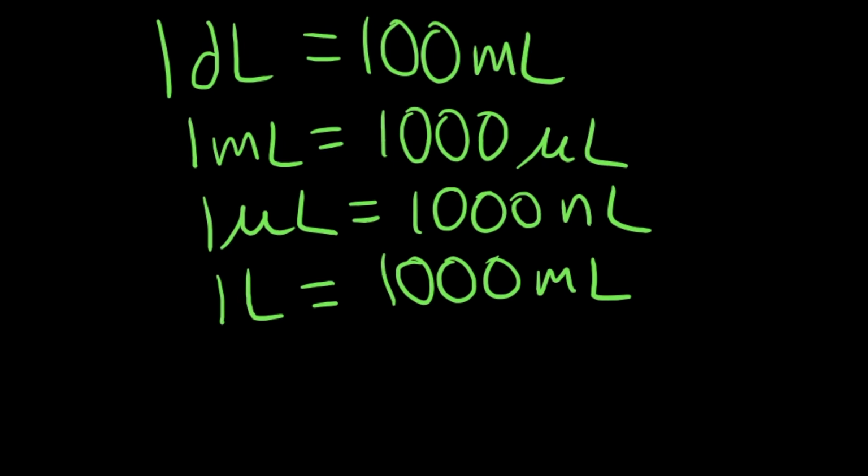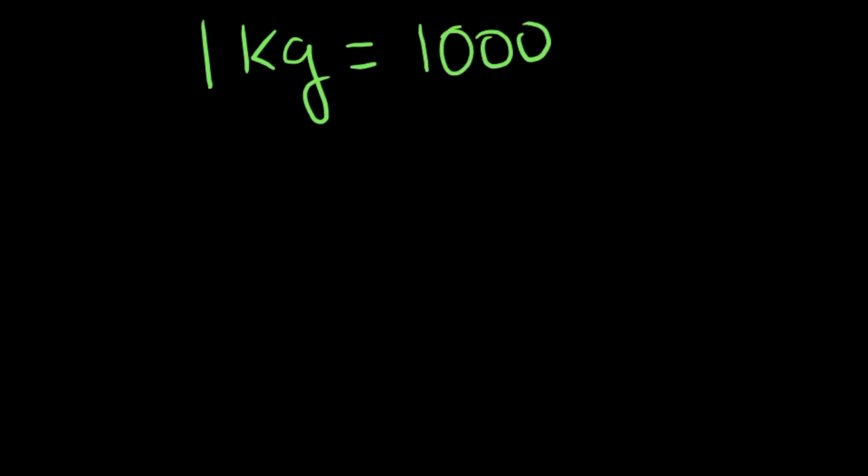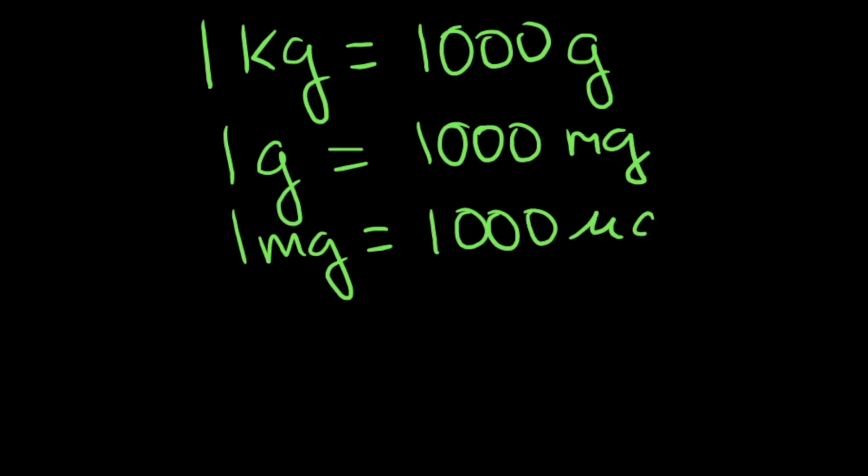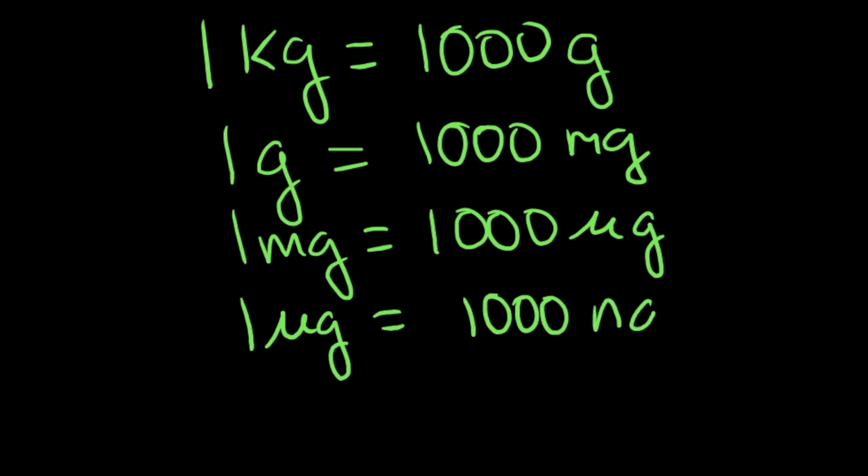We have like 1 kilogram is equal to 1,000 grams. 1 gram is equal to 1,000 milligrams. 1 milligram is equal to 1,000 micrograms, and 1 microgram is equal to 1,000 nanograms.